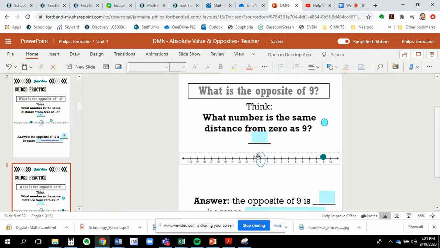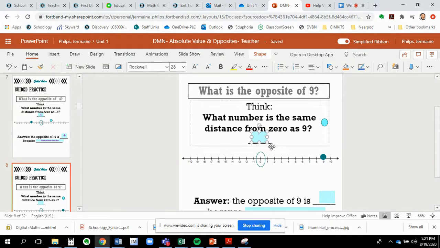-1 is only 1 space away from 0. What about -5? -5 is 1, 2, 3, 4, 5 spaces away, so that's still too small. So let's jump up. What about -9? -9 is 1, 2, 3, 4, 5, 6, 7, 8, 9 spaces away from 0, just like positive 9 is.